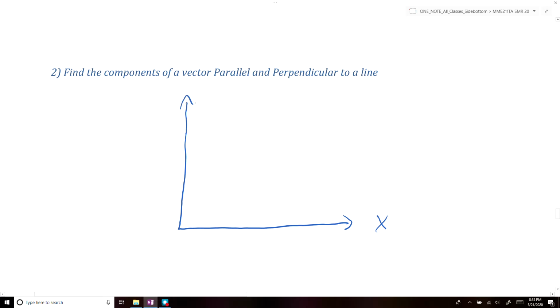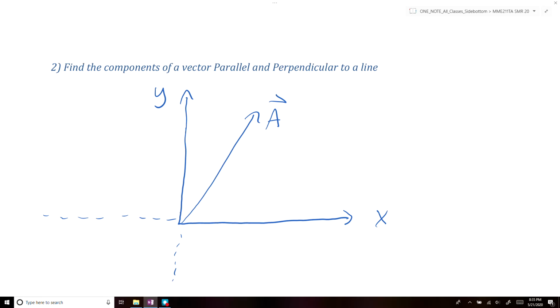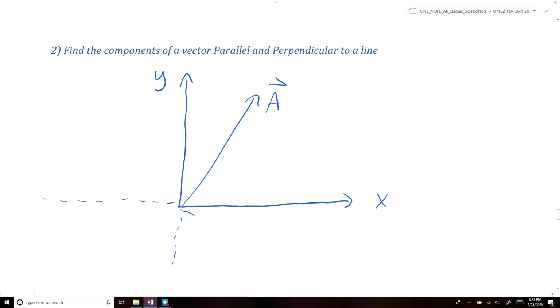So we have our xy coordinate system, and on it we have one vector, which we'll call vector A, and another vector, vector B.